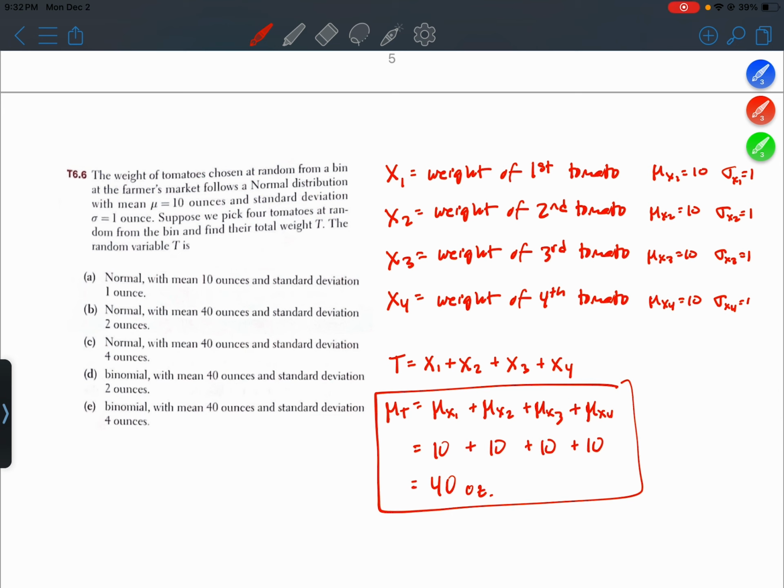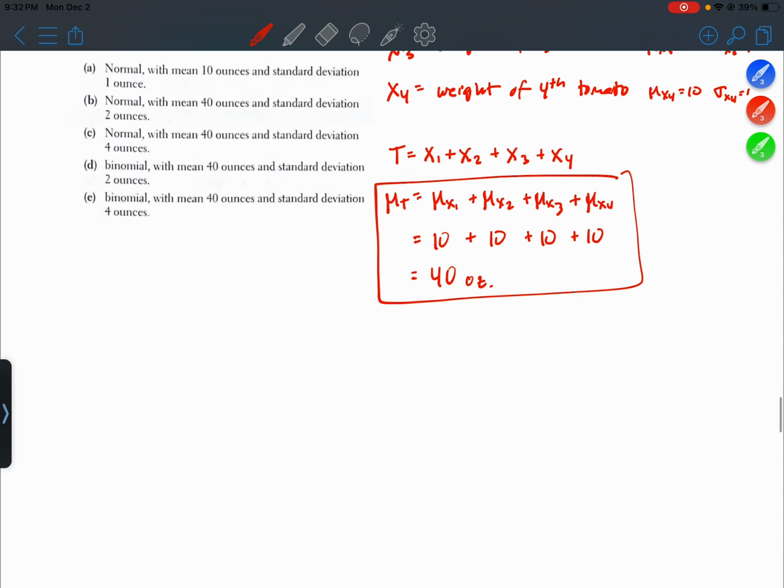Now for the standard deviation, unfortunately there's not a direct way to calculate the standard deviation. We can calculate the variance though. So it turns out that the variance of the total weight is the sum of the variances from each of the 4 variables that we added.